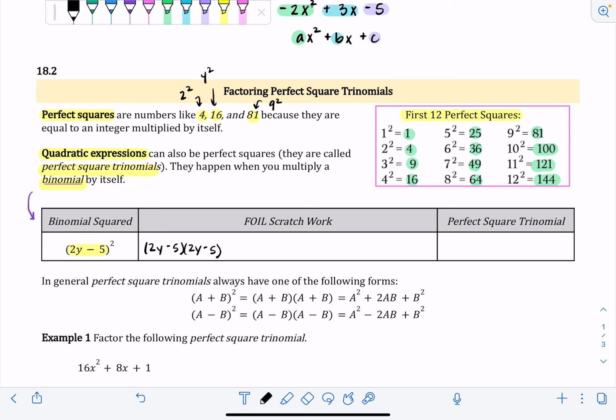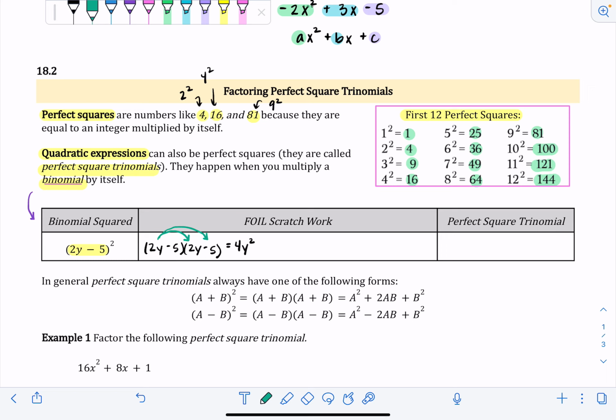So 2y minus 5 times 2y minus 5, and then we'll use the FOIL method to multiply these together. 2y times 2y: 2 times 2 is 4, and y times y is y squared. That's the first term from each one. The O in FOIL stands for outer, so we do 2y times negative 5. Those are the terms on the outside.